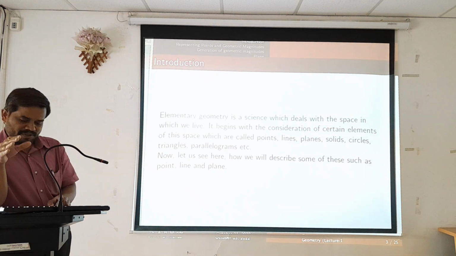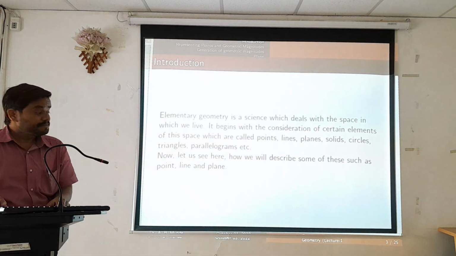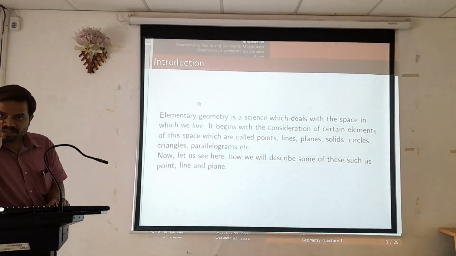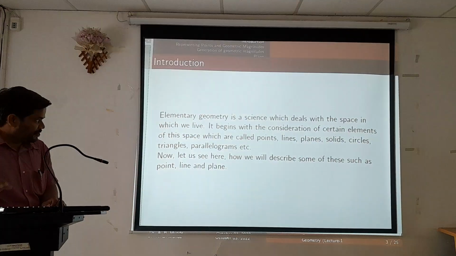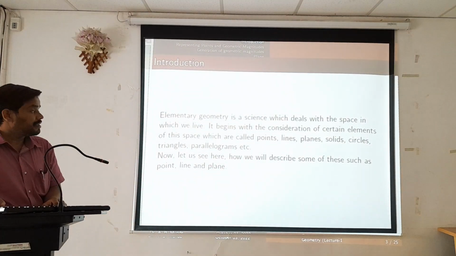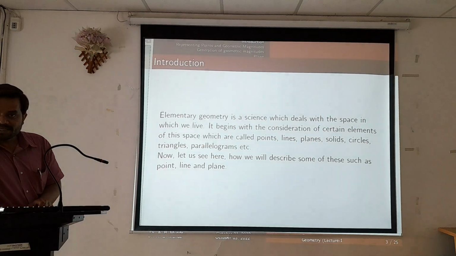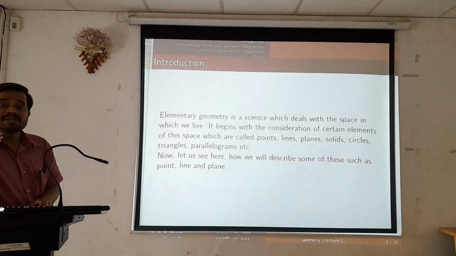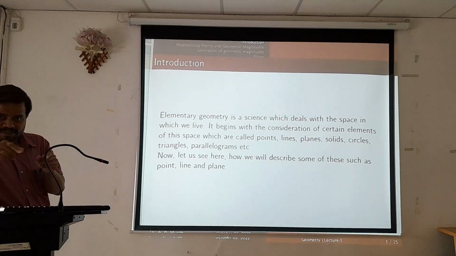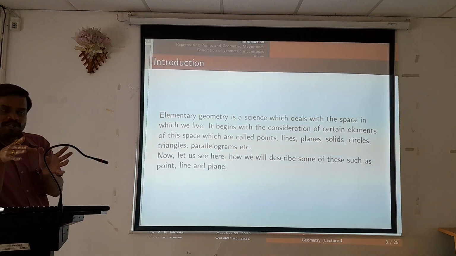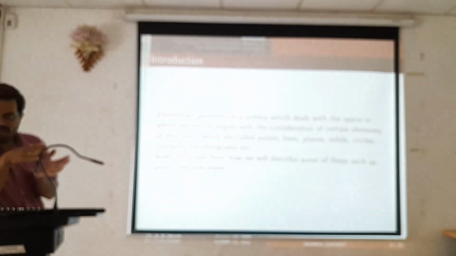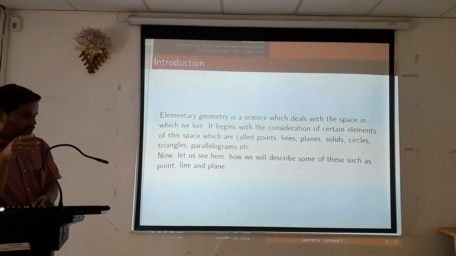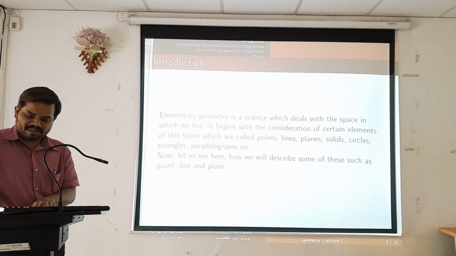It begins with the consideration of certain elements of space, which are called points, lines, circles, parallelograms, or whatever figures we draw, whether three-dimensional or two-dimensional, all these figures we use in a space.